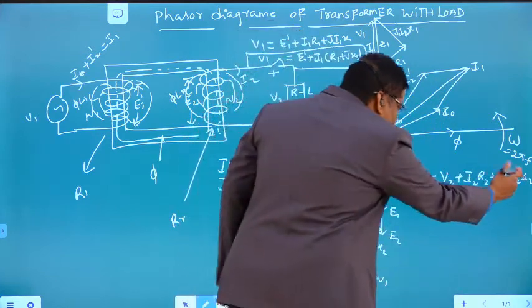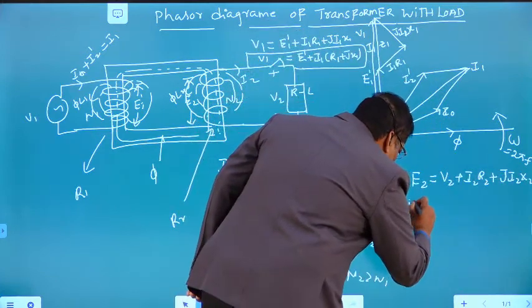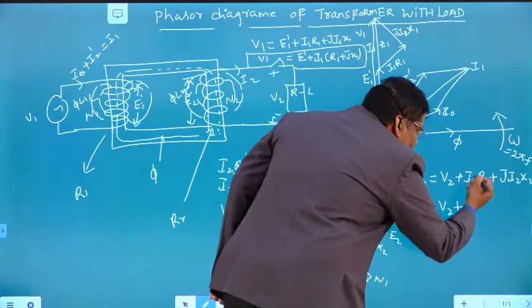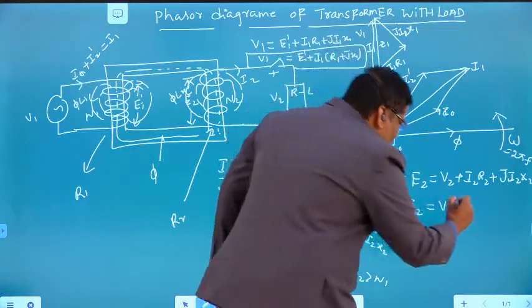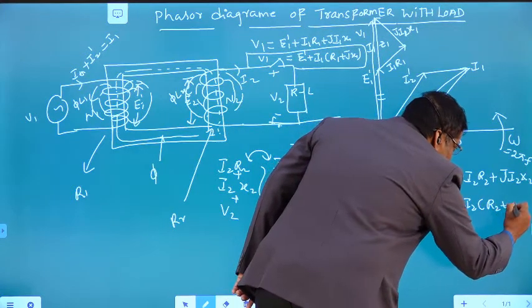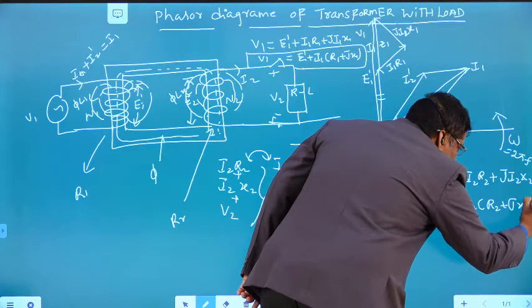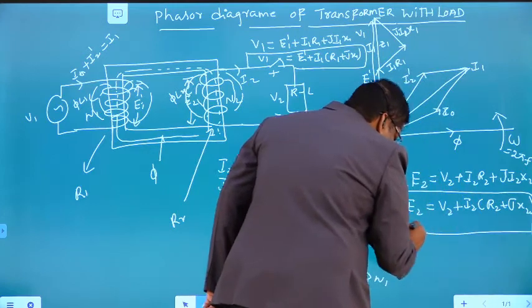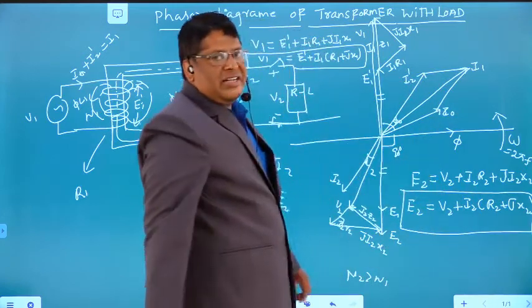Now if you take I2 common, E2 equal to V2 plus I2 into (R2 plus J X2). This is the voltage equation which represents the secondary side.